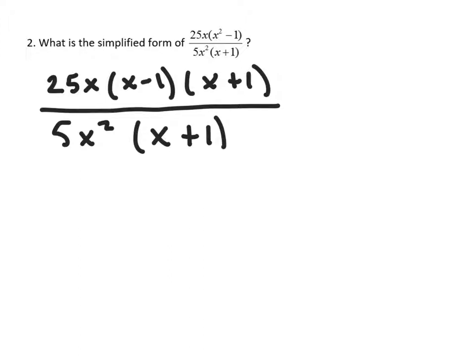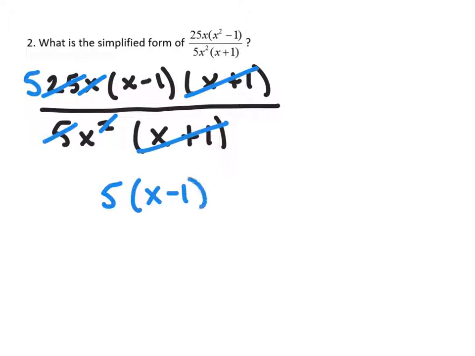Now, because things are all multiplying and dividing except those in the brackets, they can be canceled completely as needed. So here, divide 25 by 5 leaves us with a 5. Here we can divide out the x and one of the x's in the bottom. And what's left is a 5 on the top, an x minus 1 on the top, and then just an x on the bottom.